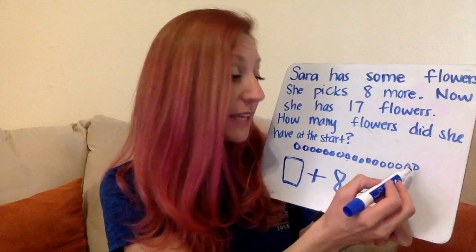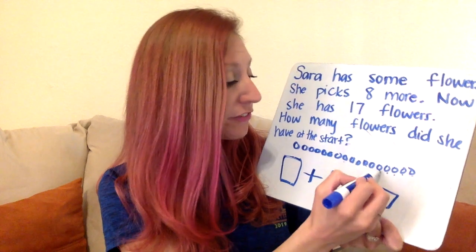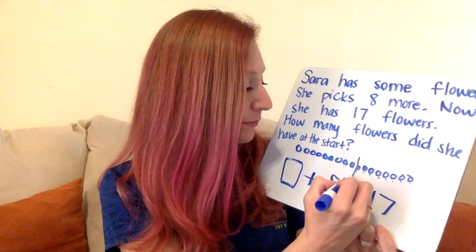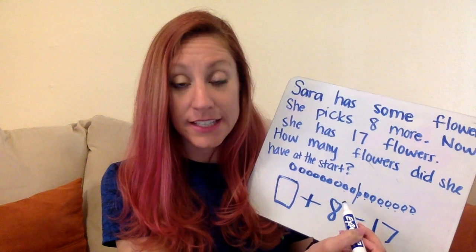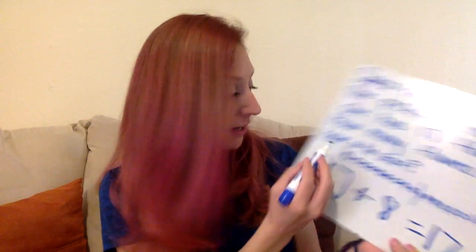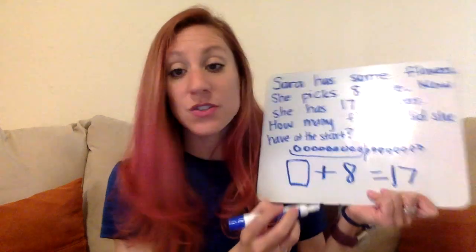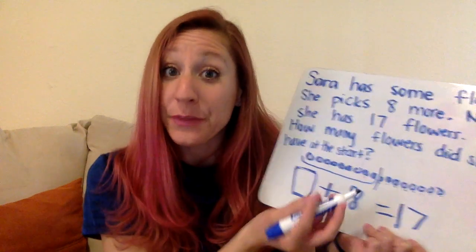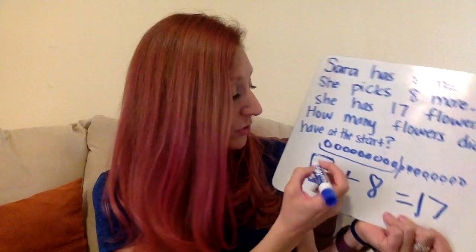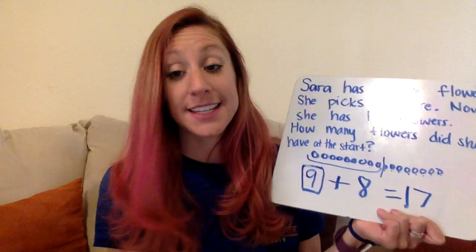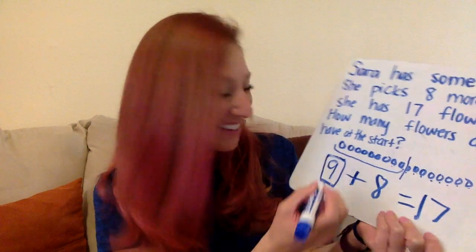So I'm going to count back from the end. 1, 2, 3, 4, 5, 6, 7, 8. Those are the 8 more that she picked. Now, this part is what she started with. So all I have to do is count those up. 1, 2, 3, 4, 5, 6, 7, 8, 9. So 9 plus 8 equals 17.